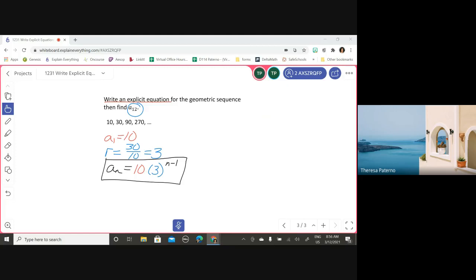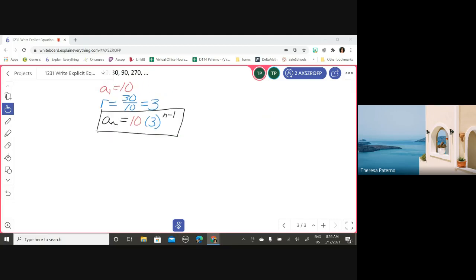So now I'm going to plug 12 into that equation. I have a sub 12 equals 10 times 3 to the power of 12 minus 1. Remember, you are first simplifying what's in that exponent. So 12 minus 1 is 11. Then we're going to do order of operations.